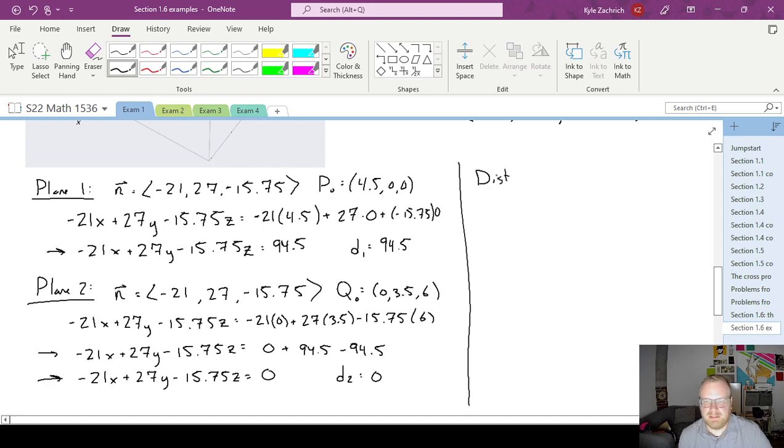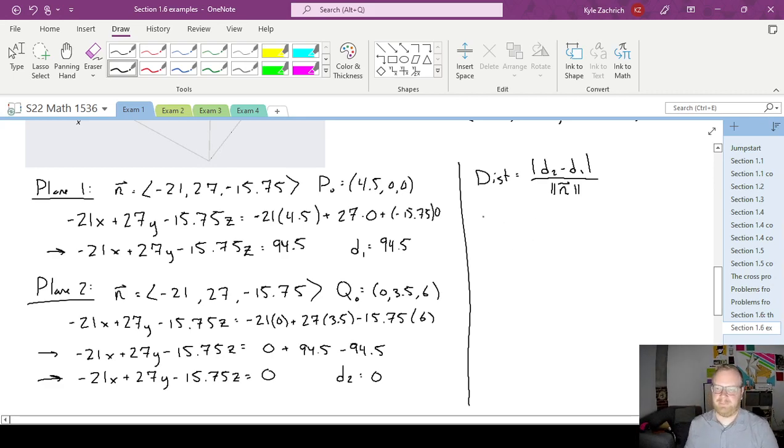So this distance is going to be equal to d2 minus d1, but the idea was that these are supposed to be in normalized form, where we find a normal unit vector that has a magnitude of 1. The way to fix that, as I mentioned in the other video, is to just divide by the magnitude of the normal vector.